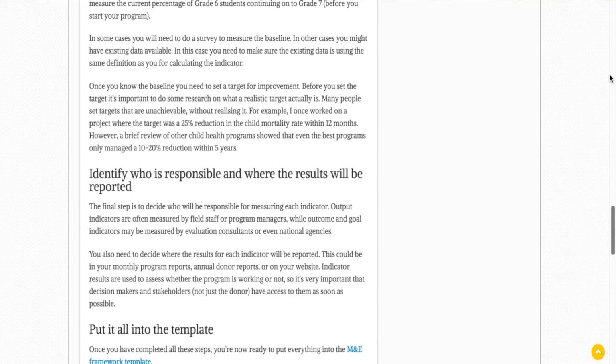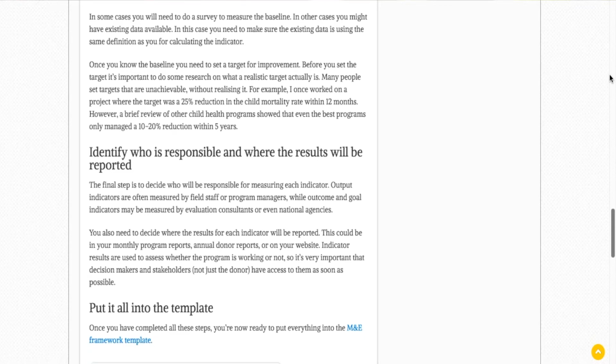Again, in this case, the human resource plays an important part. So the final step is to decide who will be responsible for measuring each indicator. That is why we talked about types of reports. Among the types of reports there is also a personnel report, so this report has to be mentioned.